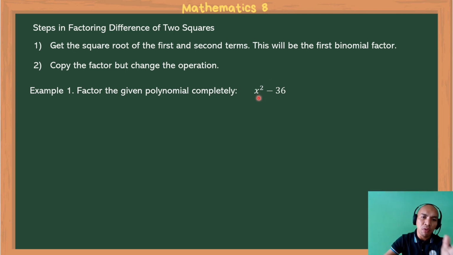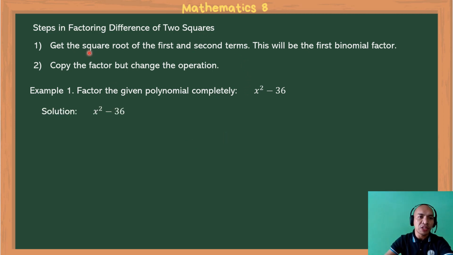As I have said before, to know that a variable is a perfect square, the exponent must be divisible by 2. Since this is 2, it is divisible by 2. Divisible means if you divide by 2, the answer is a whole number. So 2 divided by 2 is 1. Okay? So 36 is also a perfect square because 6 times 6 is 36. So therefore, this given problem is a difference of two squares.